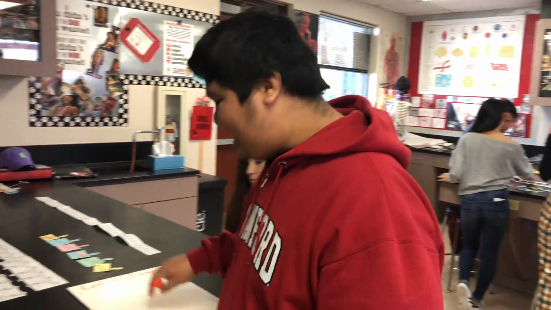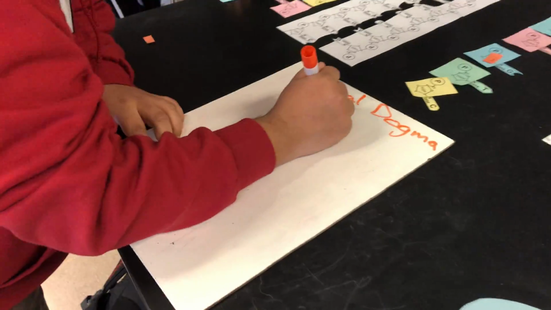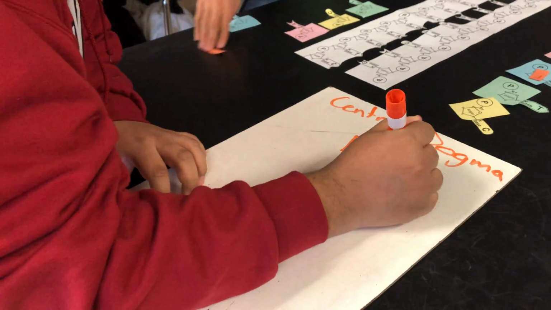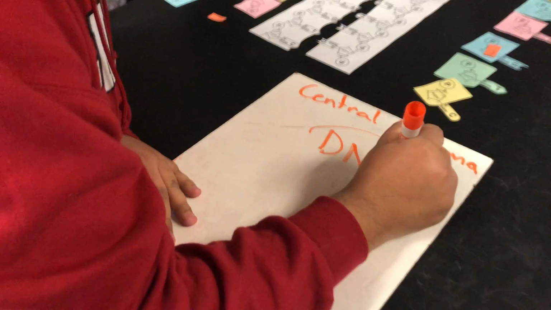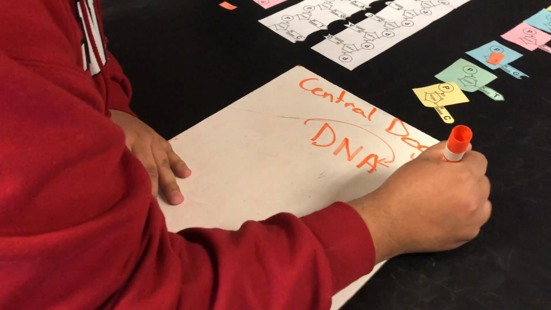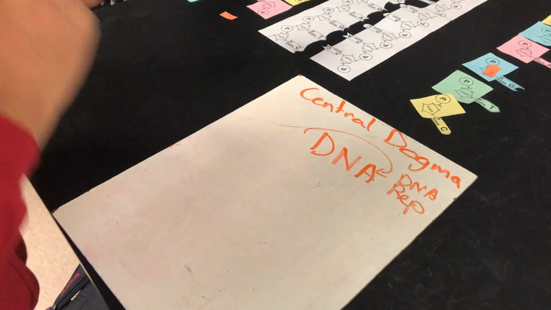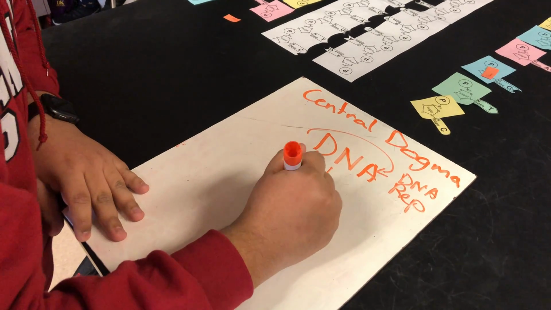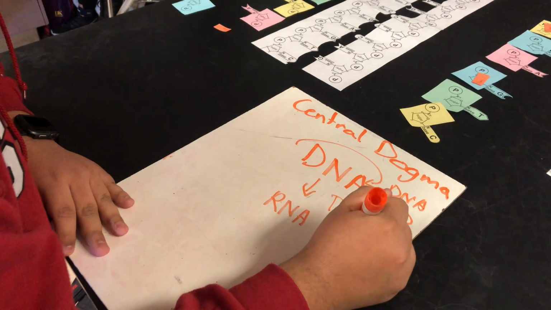And I'm going to get us started on the central dogma. So if you come closer, here's the central dogma. It starts off with DNA, and the process in which DNA is replicated is called DNA replication. From DNA to RNA, or more specifically mRNA, this process is called transcription.